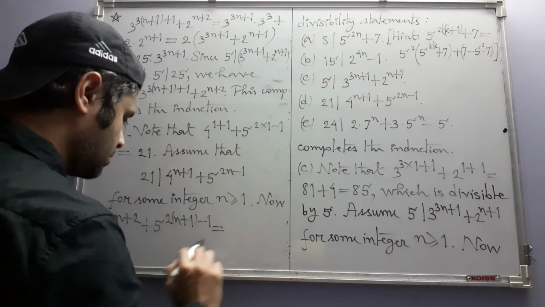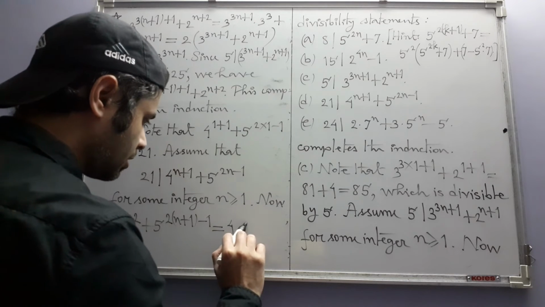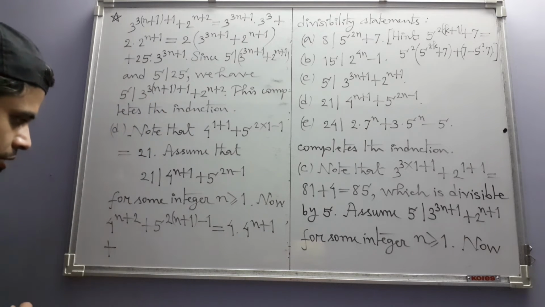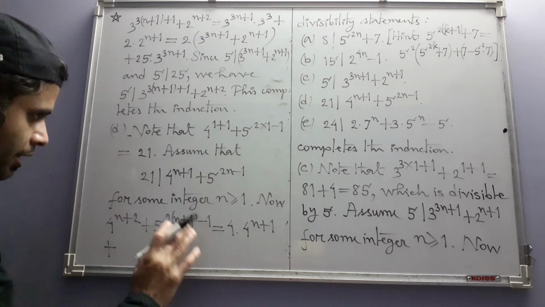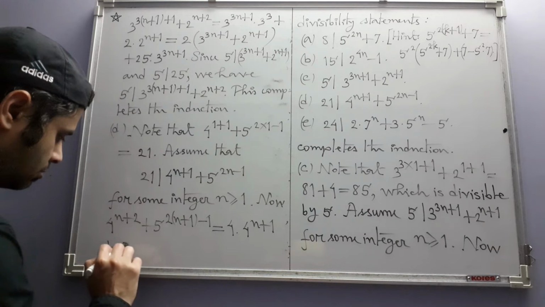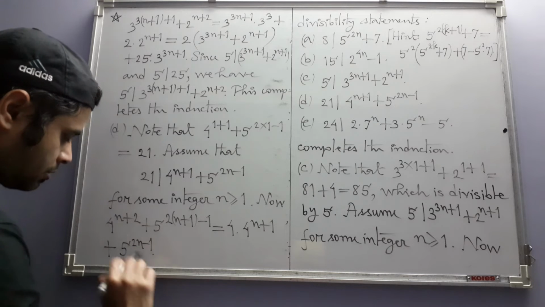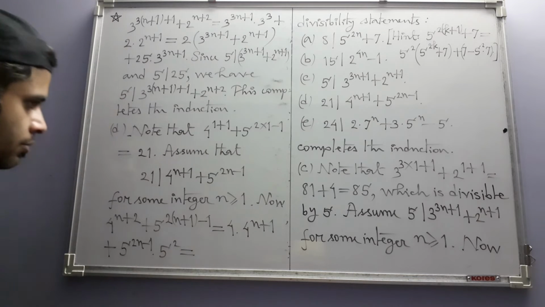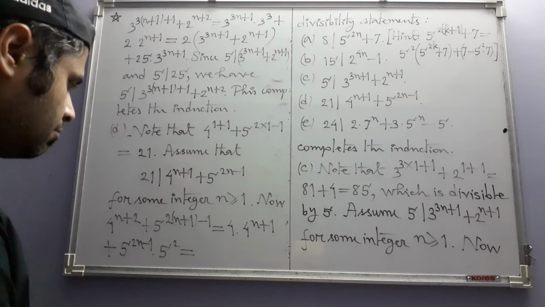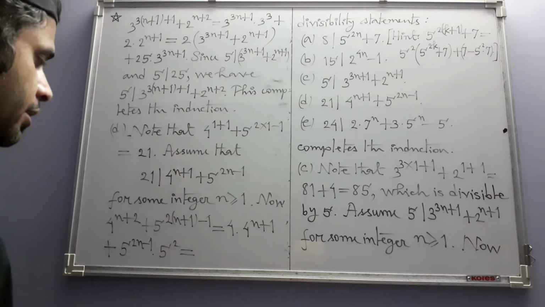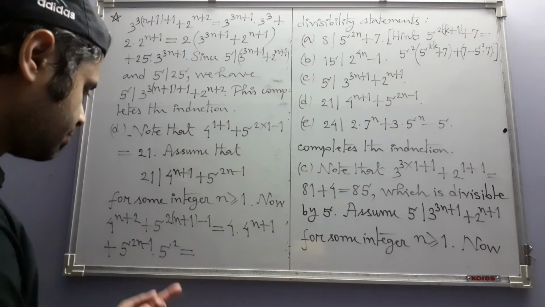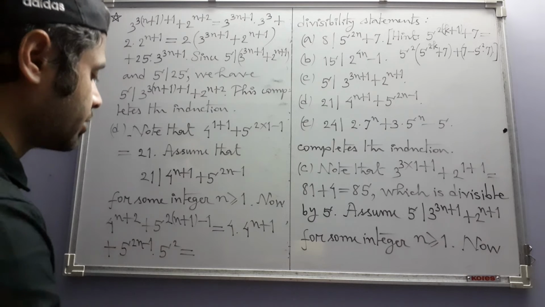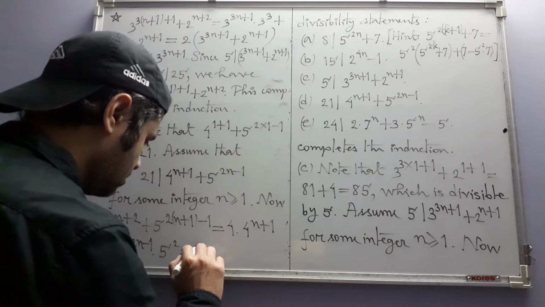Now first of all, this becomes 4 times 4 to the power n plus 1 plus 5 to the power 2n minus 1 times 5 square, and the divisor is 21. 21 means this is 25.